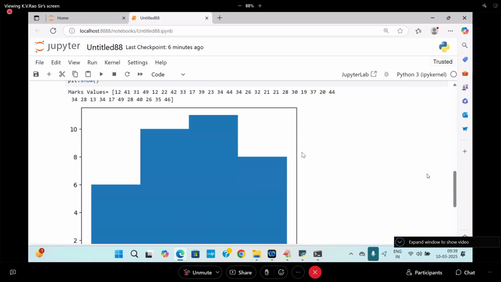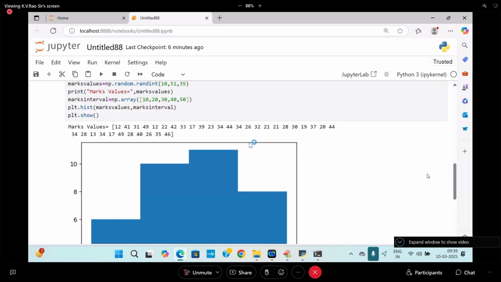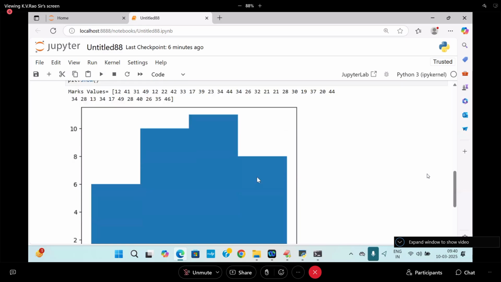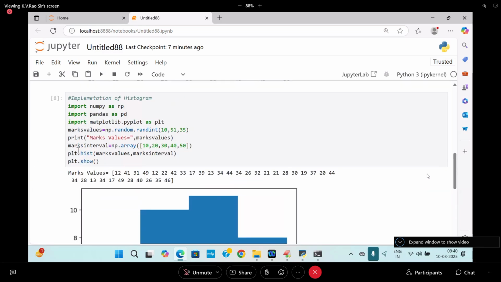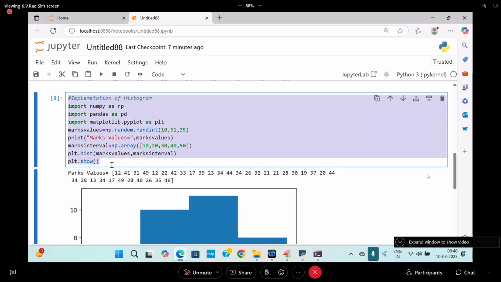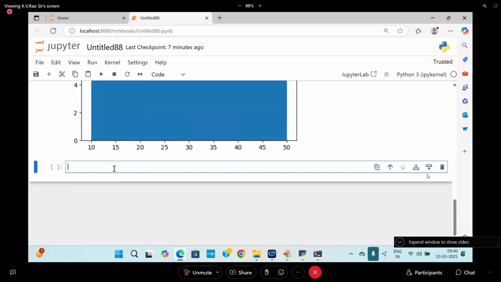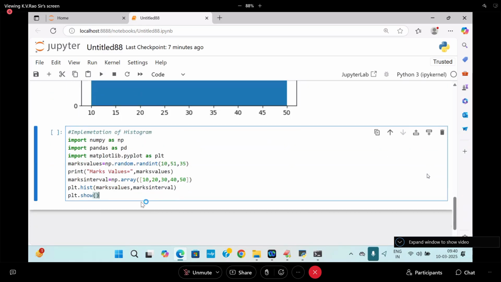Histogram. Next, histograms are of 3 types. This is one of the types. Now I'm talking about the other attributes, here histtype.